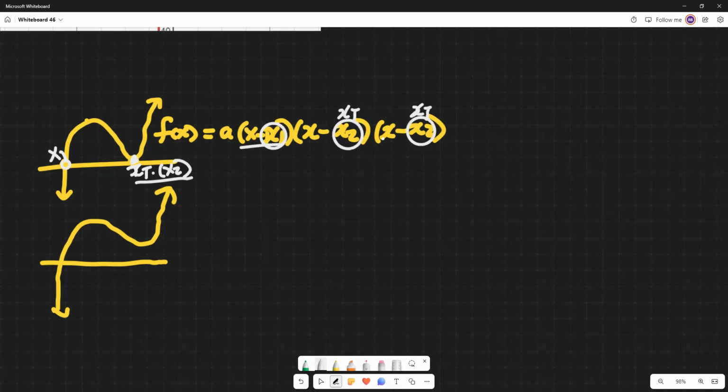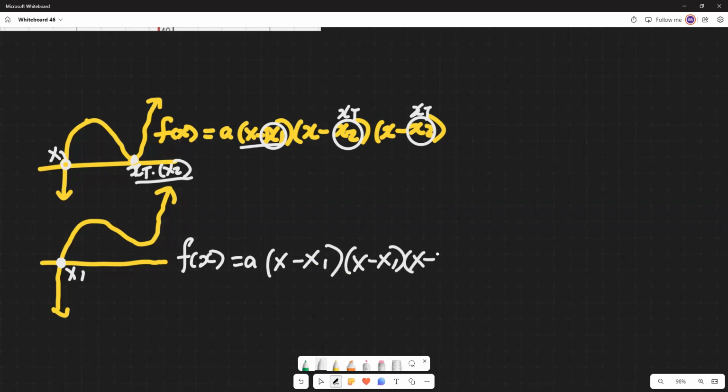Here you only have one x-intercept, so your graph will look like x minus x1, x minus x1, x minus x1. So you put x1 here, x1 there, x1 there. You must know all these three possible cases.